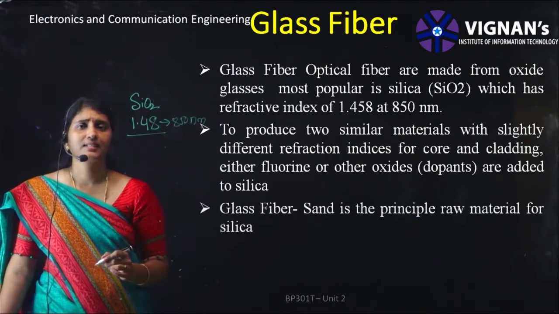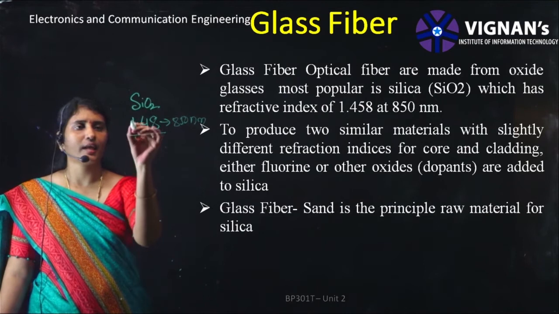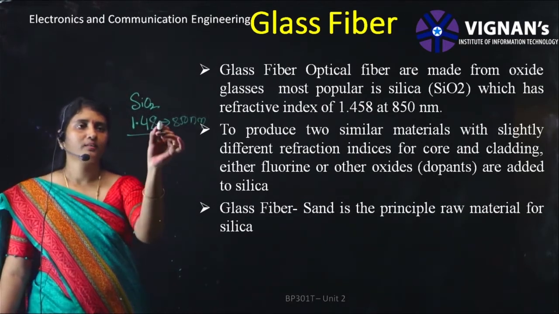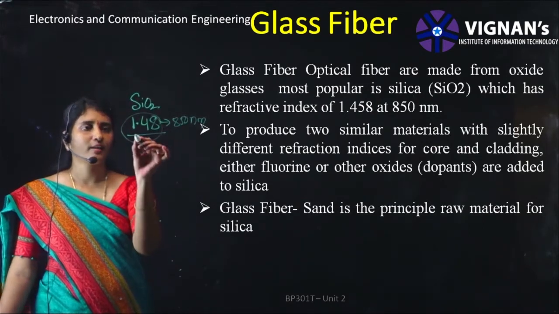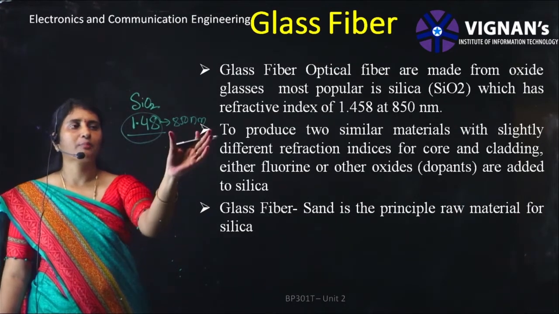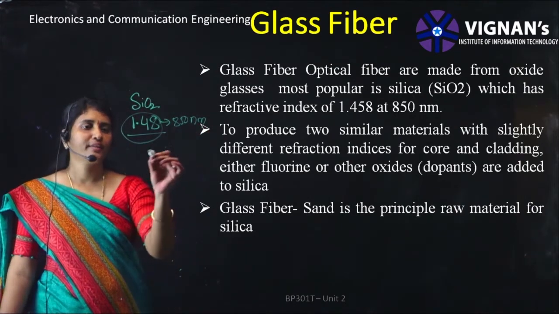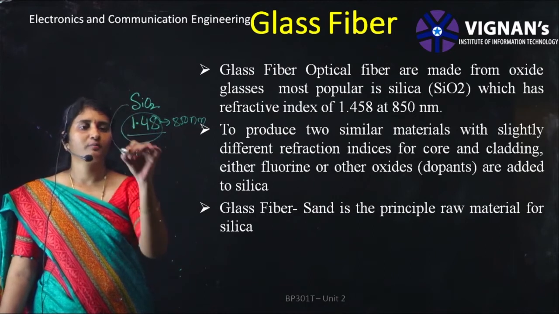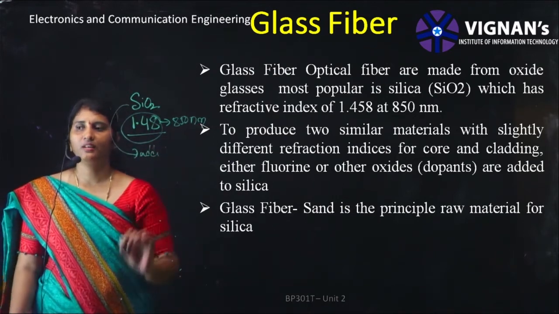And there are certain materials in nature that can provide the refractive index around 1.48 and which are capable of operating at 850 nanometer. So those molecules can get added up with the SiO2.